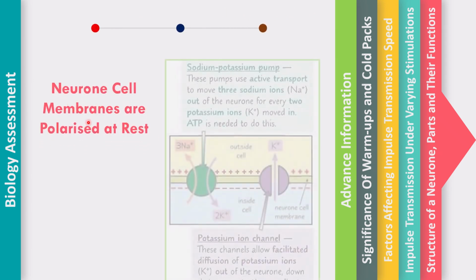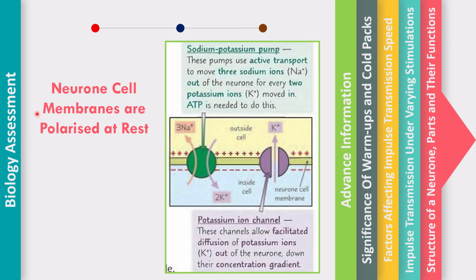We have the neuron cell membranes when they are polarized at rest. Now here we can see we have the membrane. During polarization, the inside is negatively charged and the outside is positively charged. And the sodium-potassium pumps use active transport, they move 3 sodium out and then 2 potassium inside.